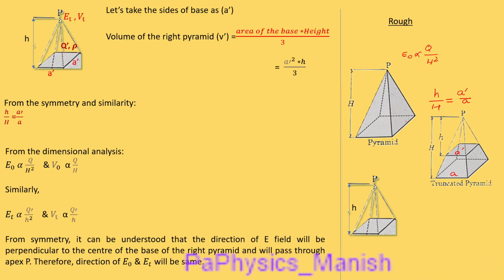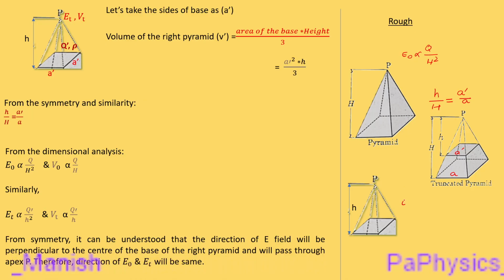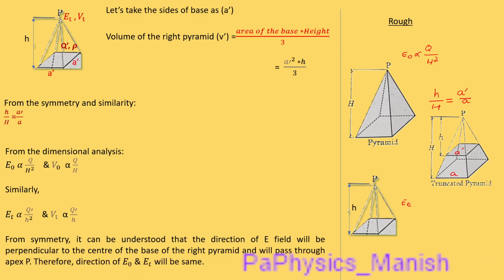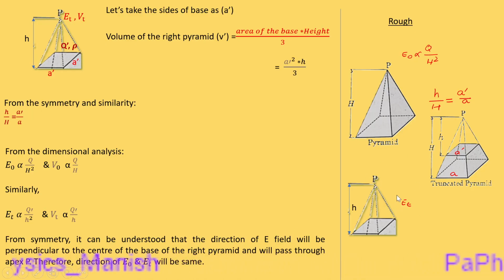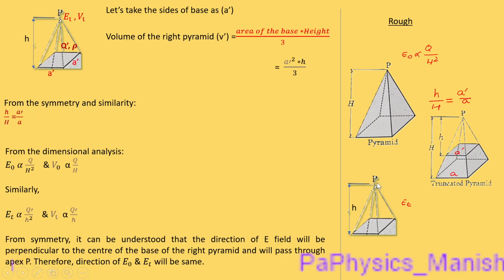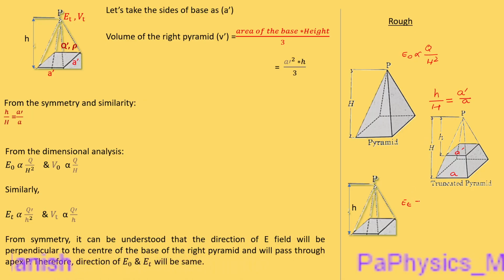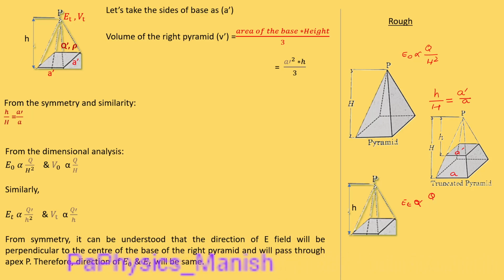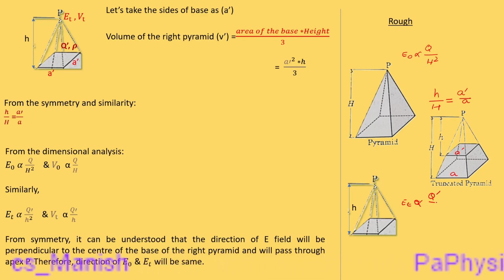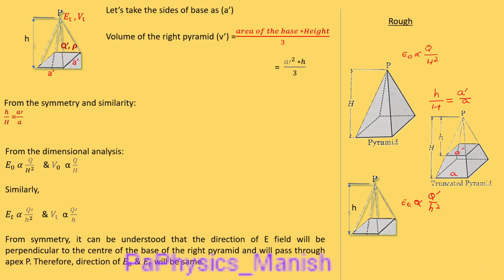And the E field at P due to the portion of the pyramid which has been cut, E t, will also be proportional to Q prime, the charge on this, by small h square.